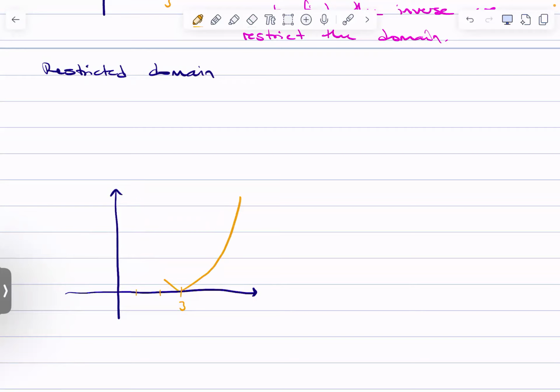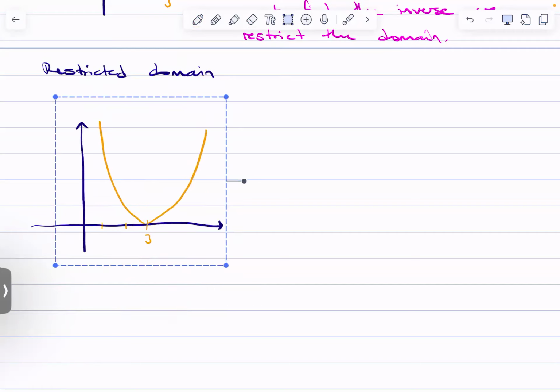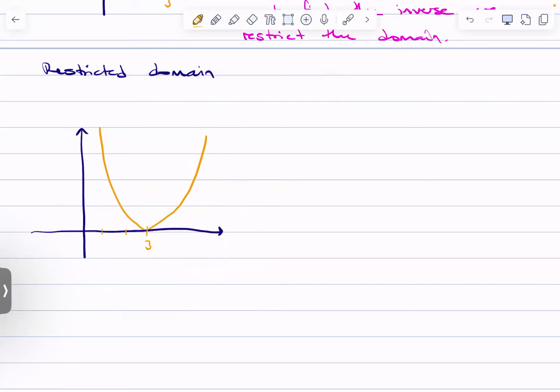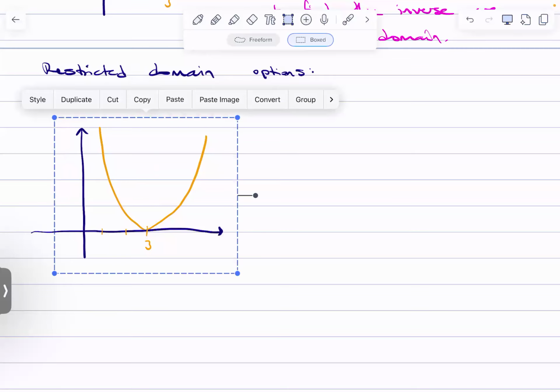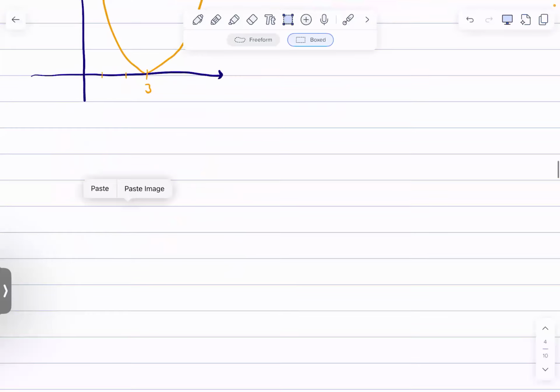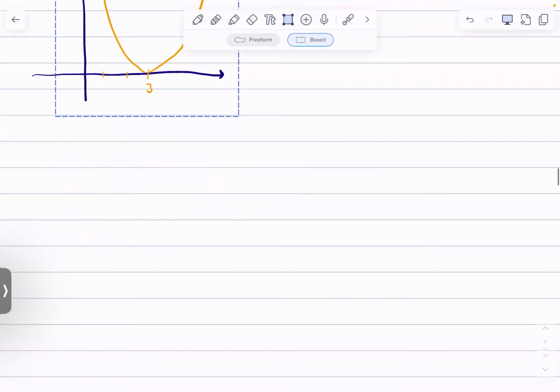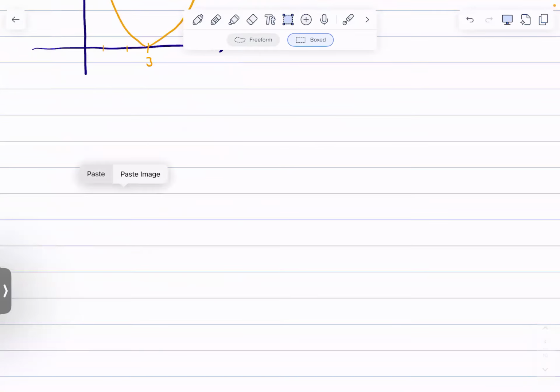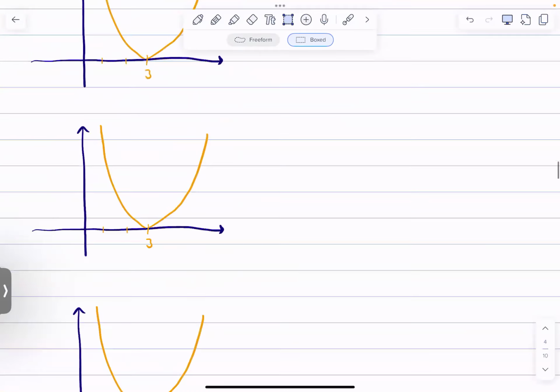Just freehand. There. We've got some options. There are kind of 3 main options that I want to talk about. So I'll just go ahead and make 3 copies right away.